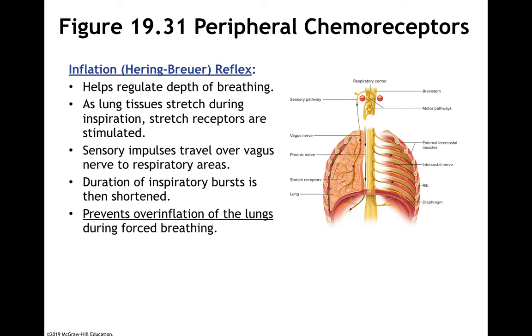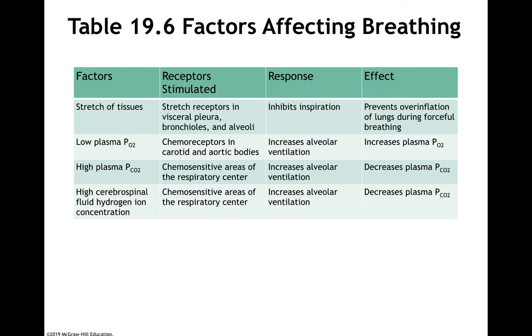That helps to prevent overinflation of the lungs, especially during forced breathing. So factors that affect breathing include stretch of tissues, low plasma oxygen levels, high plasma carbon dioxide levels, and high cerebrospinal fluid hydrogen ion concentration, which would be a result of carbon dioxide levels.